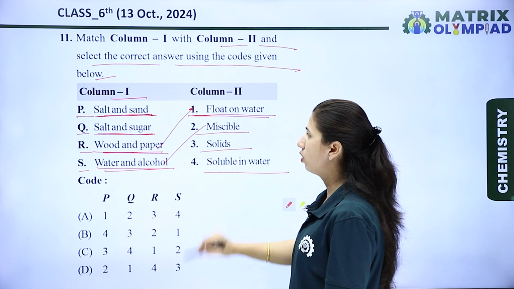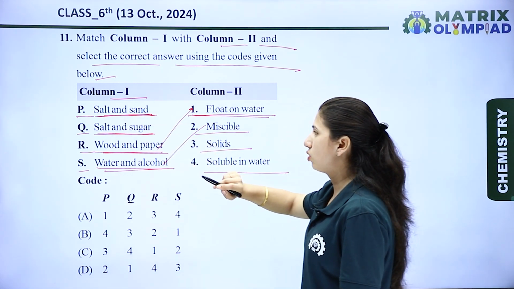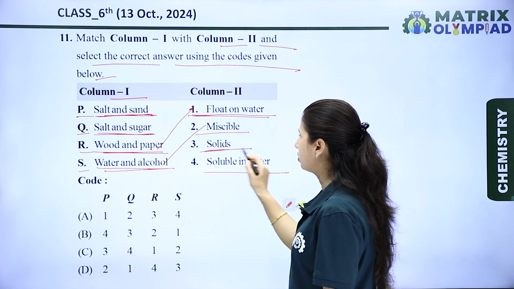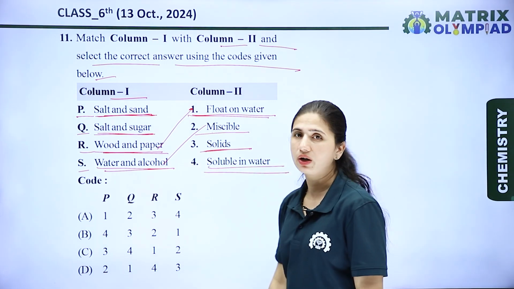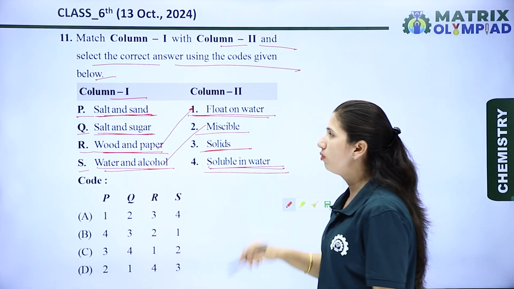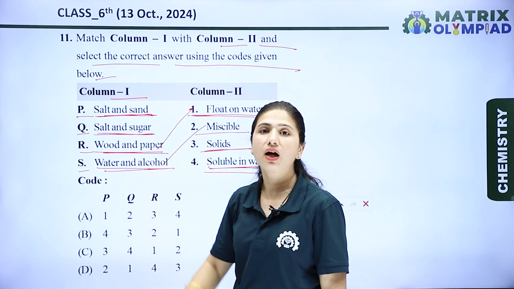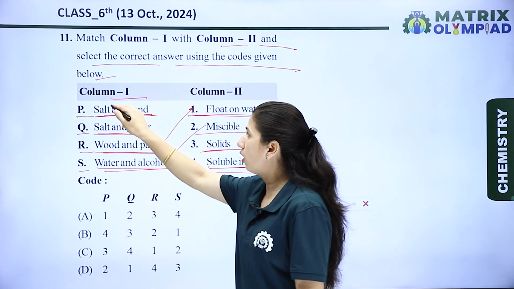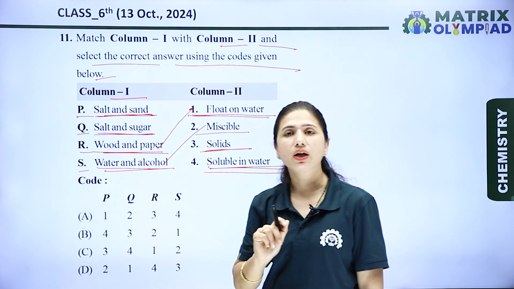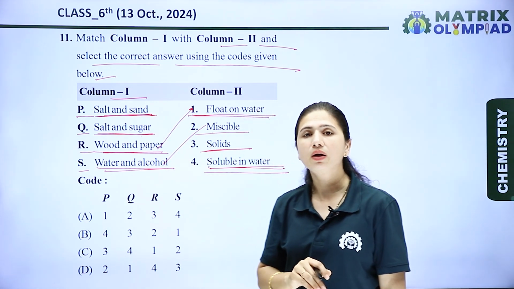Now the next is solids. Salt and sand are solid and salt and sugar are also solid, but here are two options, solids and soluble in water. And we know that salt and sugar are soluble in water, but salt and sand are not soluble in water. Salt is soluble in water, but sand is not soluble in water. It settles down at the bottom.